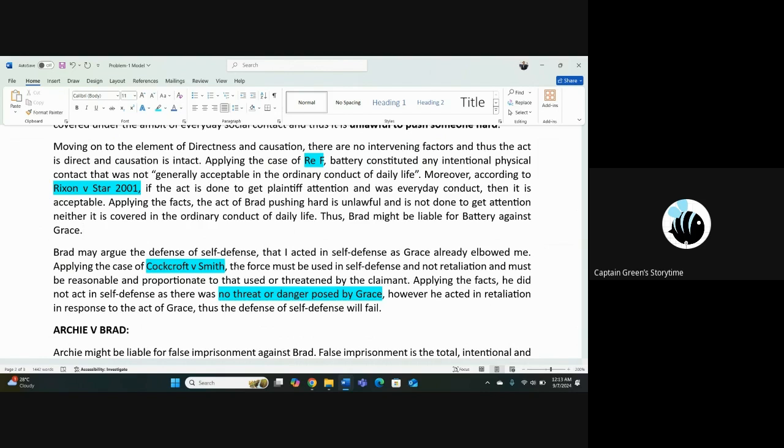This clearly states, and we also stated above, that the intention of Brad was to get revenge. Thus, according to the Cockcroft case, when there is an element of revenge, the defense of self-defense is not applicable. Okay, and thus the defense will fail, and Brad would be liable for battery.